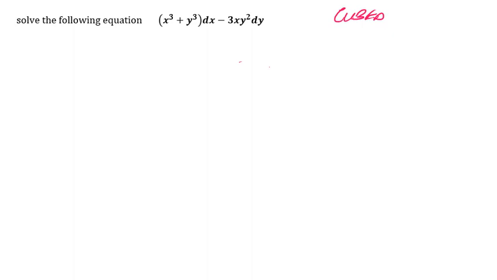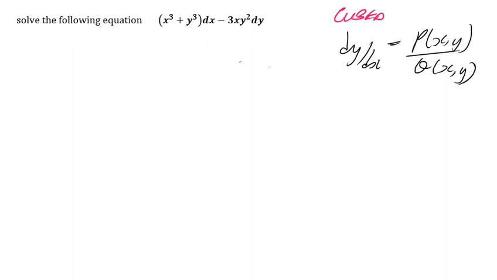So if it's homogeneous, first you have to write it in this format: dy over dx equals P(x,y) over Q(x,y). Then you say y equals vx, always. This won't change, it will always be like this, so you have to memorize it.